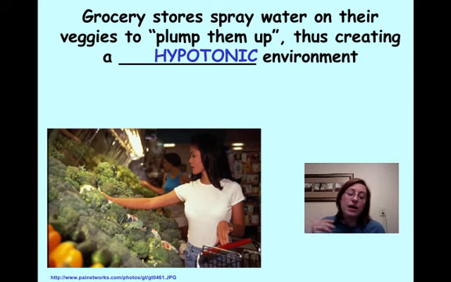There's water in greater concentration on the outside. In other words, there's a low solute concentration on the outside. So those cells are going to take the water into their cells, and that's going to cause their cells to fill up more with water. But that plumps them up, so then they look like they are nice and fresh and juicy, and that's exactly what we want from our vegetables.